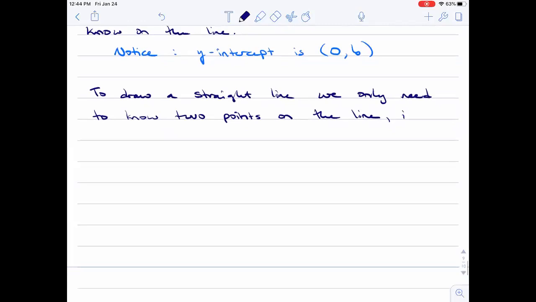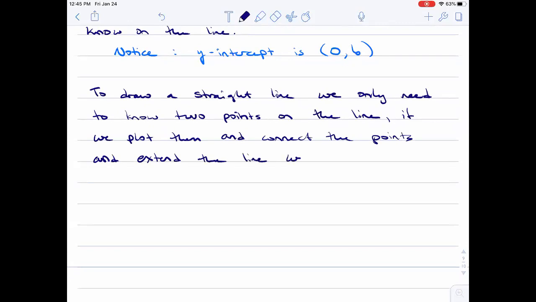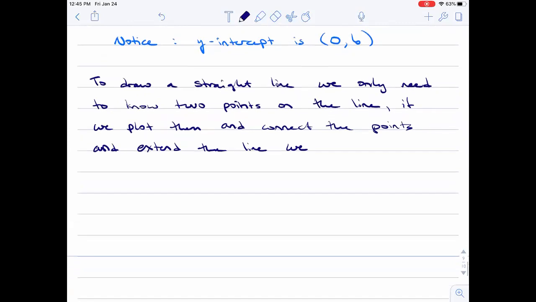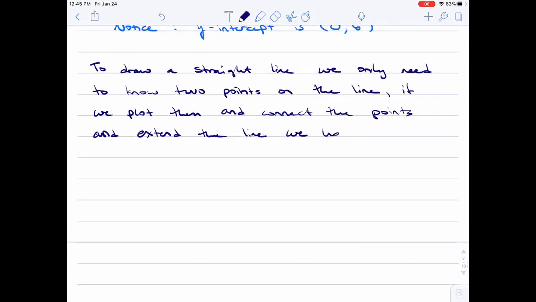So if we plot them, connect the points and extend the line, we have drawn the entire line.